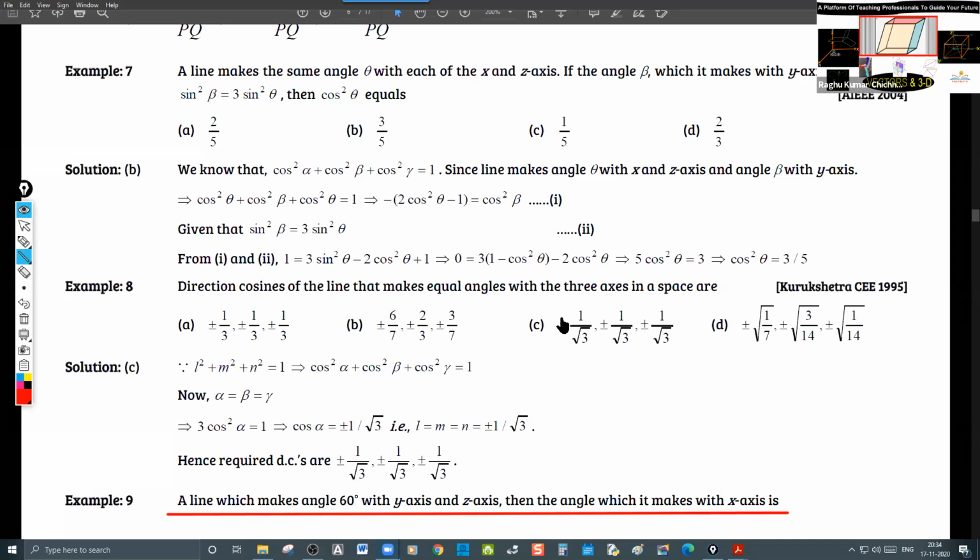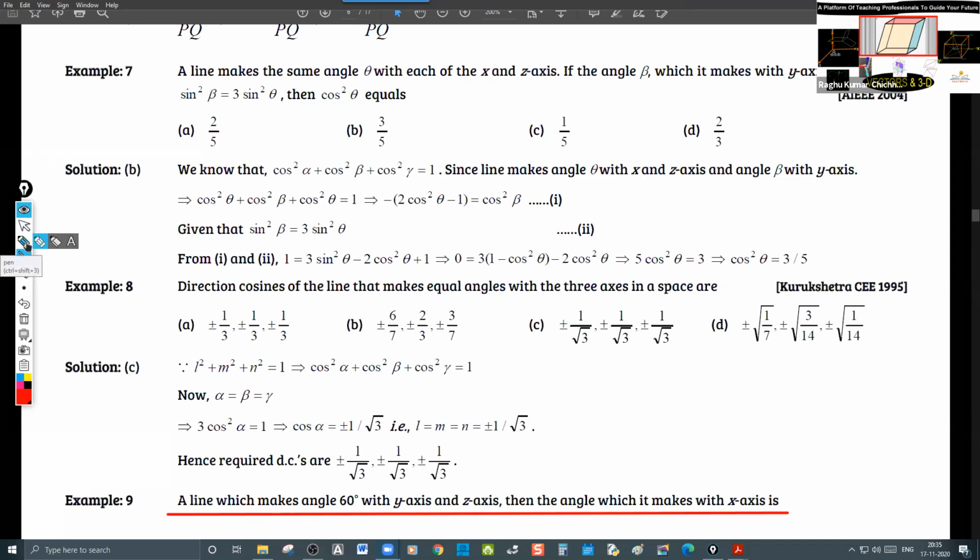Yes, sir. Let's wait for Praneeth, Babu. Sir, doing. Sir, I got 90. That's a very simple question.